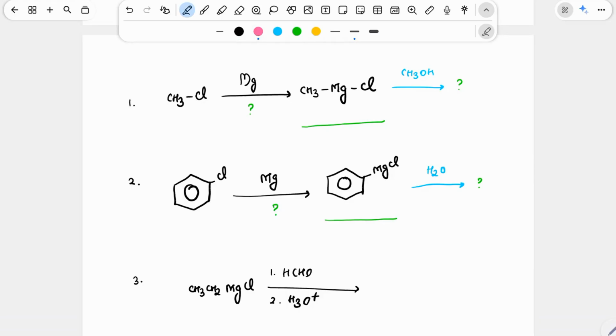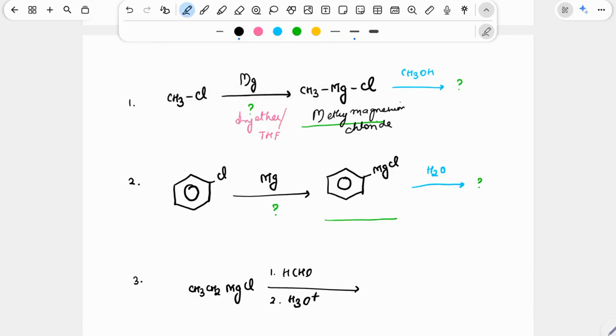So here, first question: methyl chloride reacts with magnesium, and what is the solvent? What kind of solvent can we use? Dry ether or any aprotic solvents, right? Tetrahydrofuran is a better option. Okay, what is the name of the compound CH3MgCl? That is methyl magnesium chloride.